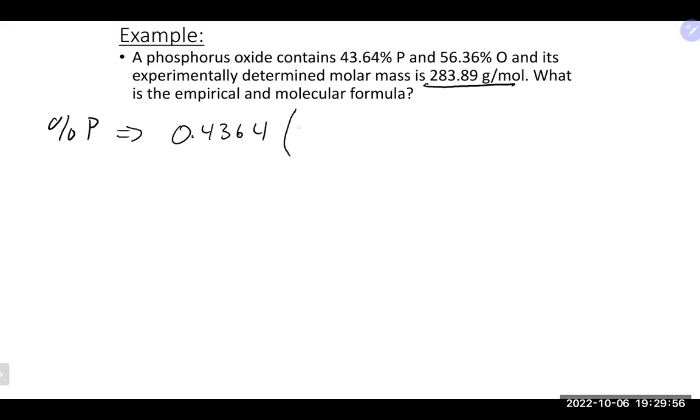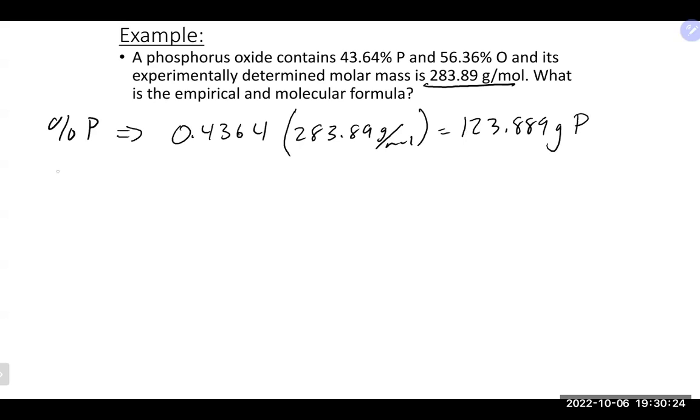We then could times it by the molar mass of the compound here, 0.4364 times 283.89. That would tell us that out of that 283 grams, 123.889 grams of it is the phosphorus.